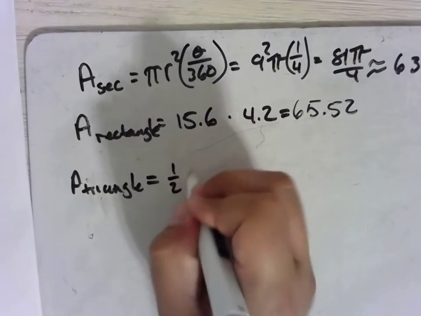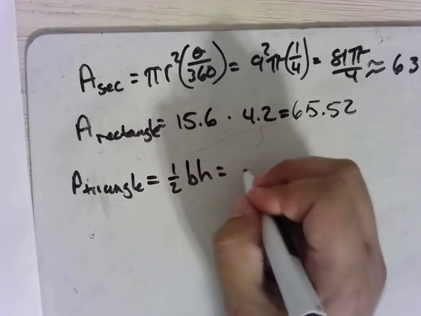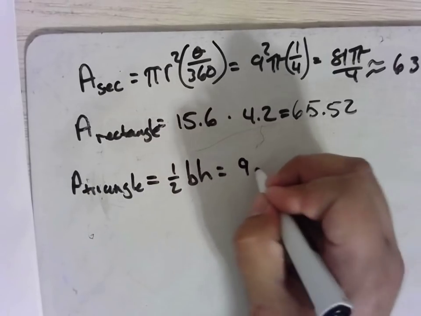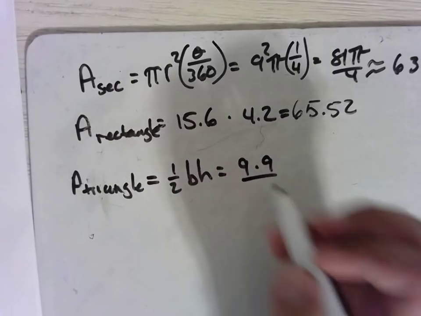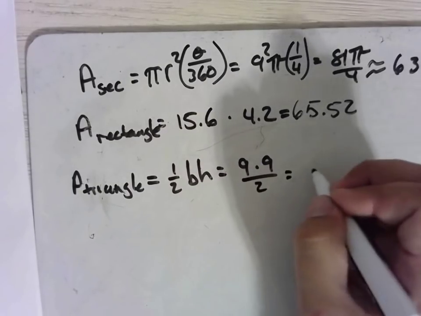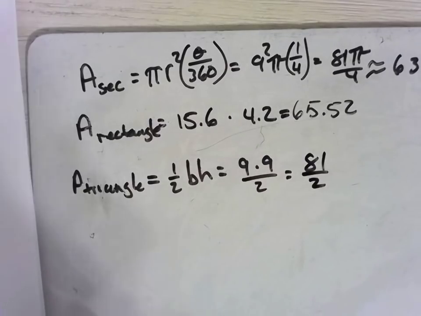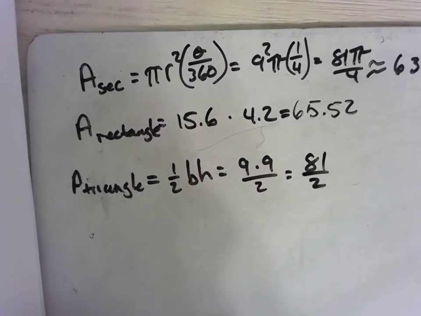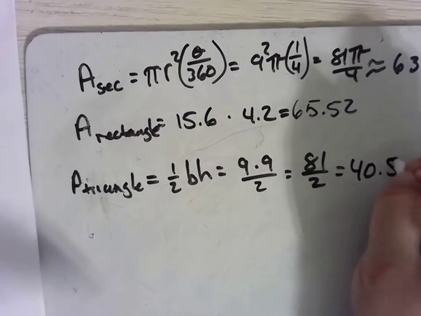Triangle is 1/2 base times perpendicular height, which is 9 is the base, 9 is perpendicular height since it's a 90-degree triangle, divided by 2. 9 times 9 is 81 over 2, which is going to be 81 divided by 2. This is 40.5.